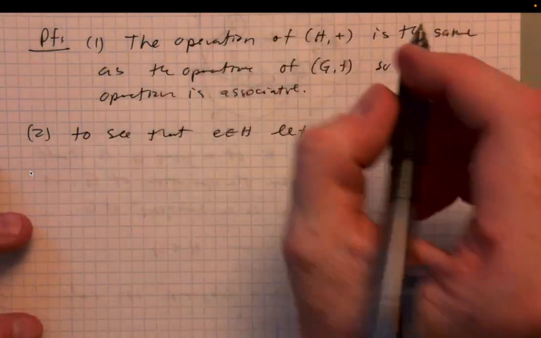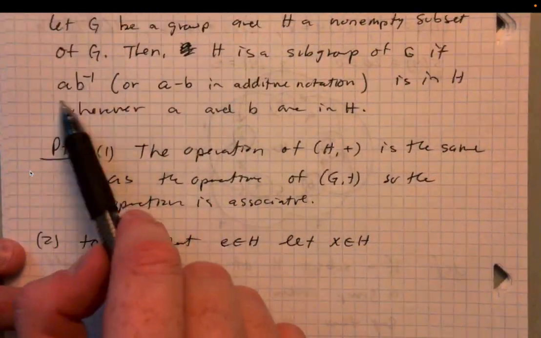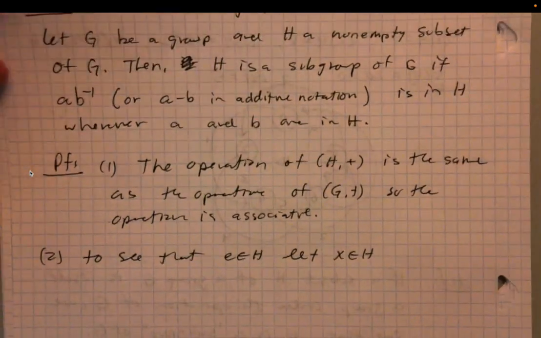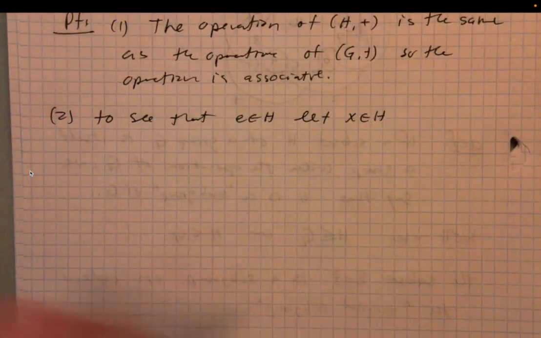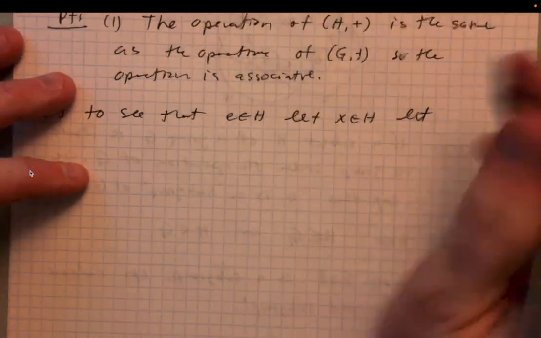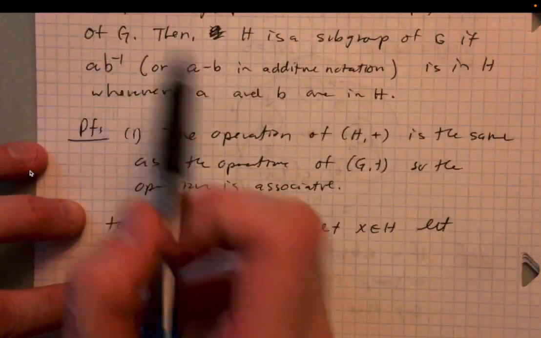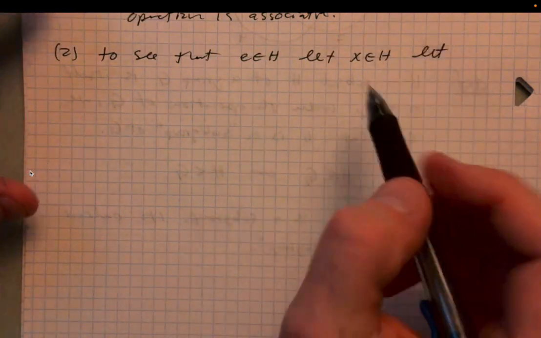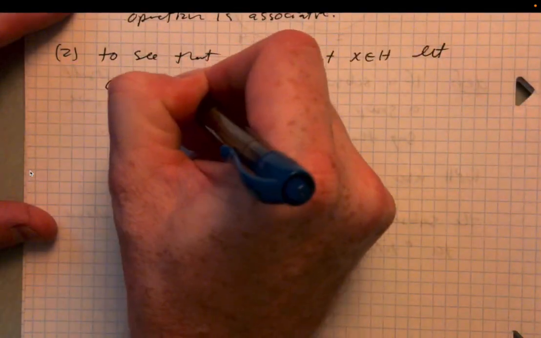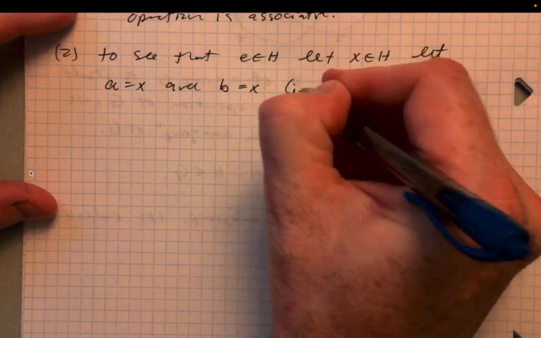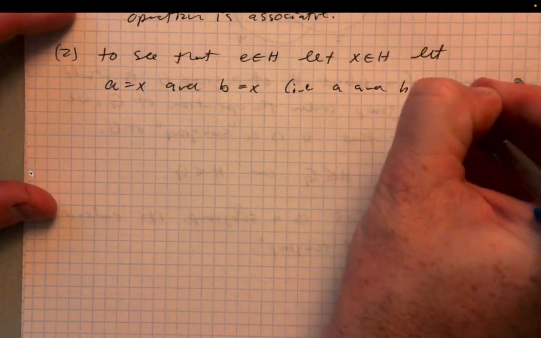Now, up above we have the A B inverse. We're going to be using that notation; we'll assume this is a multiplicative group. We're going to let A equal this X, and we're also going to let B equal X. In our hypothesis up here, if A and B are in H, then A B inverse is in H. We're just assuming X is some element, and A and B are the same element.